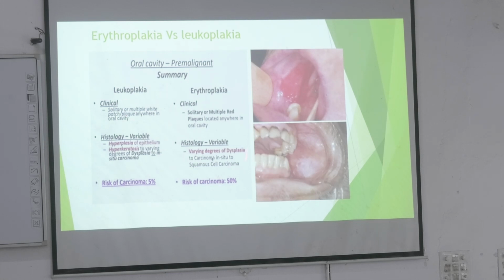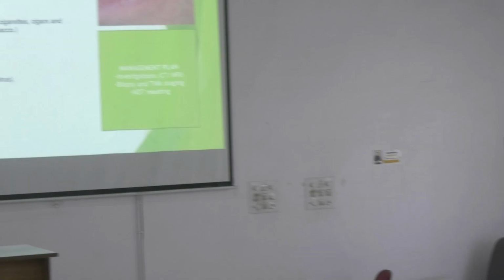The risk of developing carcinoma is 50%. We will biopsy these patients, right? If there is any chance of dysplasia, we will repeat biopsy after a few months, okay? If there is any chance of developing squamous cell carcinoma in these patients, we will act accordingly. If you ask this question, the most common cancer in your head and neck region, except thyroid and parotid, the answer will be squamous cell carcinoma.